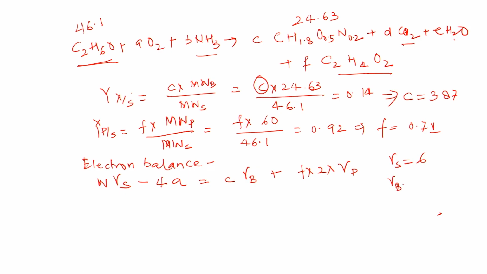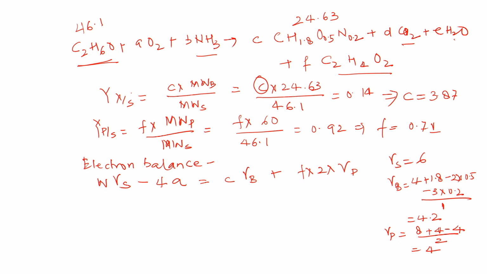Gamma B will be 4 plus 1.8 minus 2 into 0.5 minus 3 into 0.2 divided by 1, and this will be 4.2. Gamma P will be 8 plus 4 minus 4 divided by 2, which equals 4.